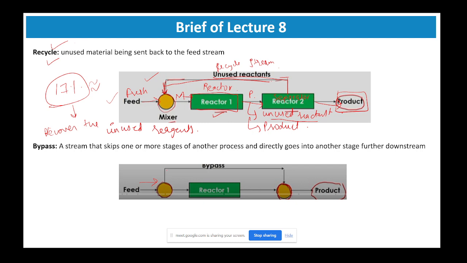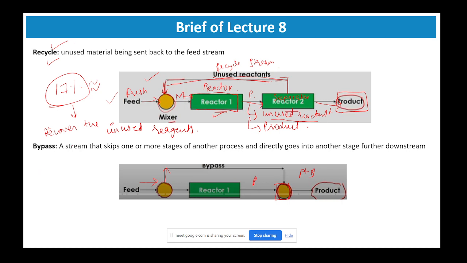You take out some amount of the fresh feed and bypass it, so it does not pass through the actual process unit, and it directly mixes with, say for example, the product stream coming out after processing. So here we mix P and B to give product.